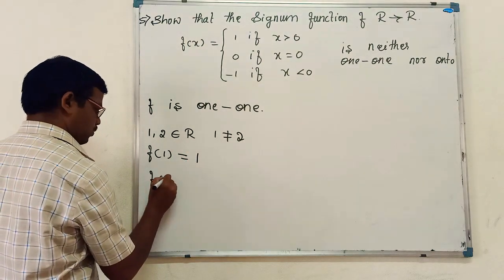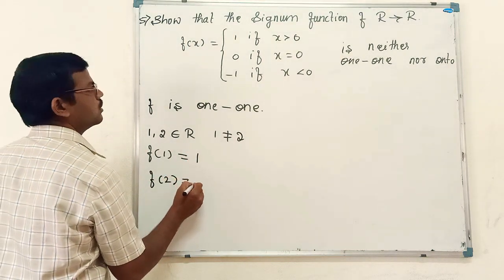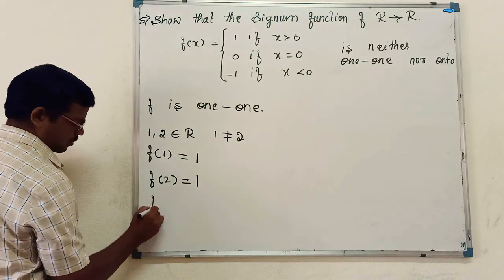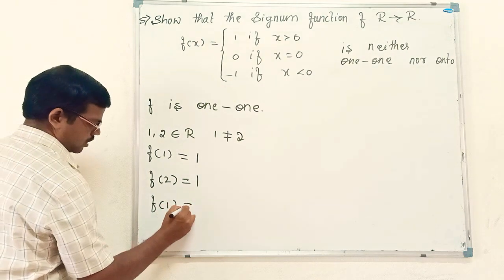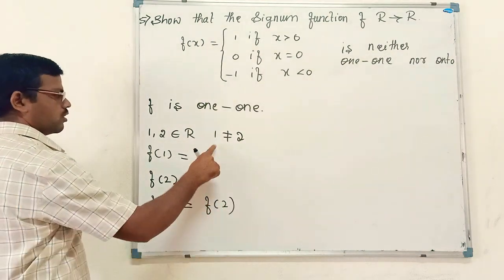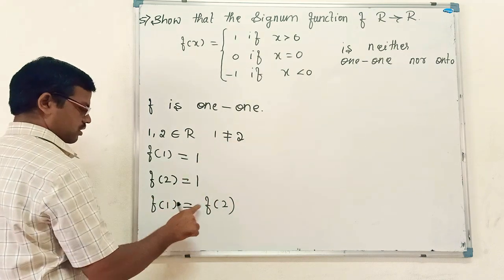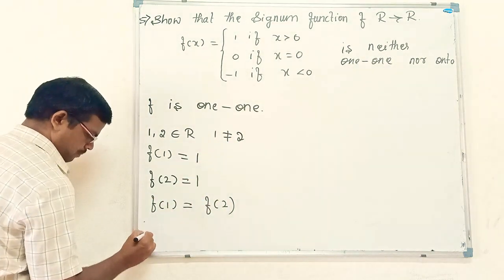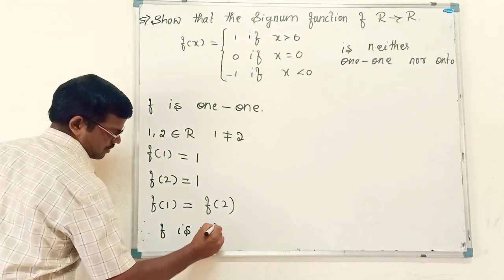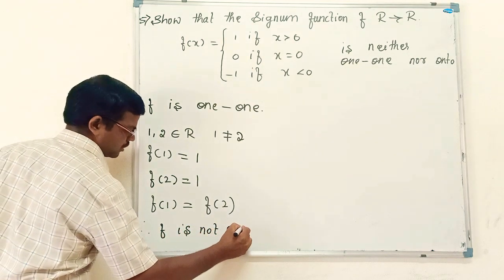Then f of 2 is also greater than 0, so its image is 1. So f of 1 is equal to f of 2. Here different elements got the same image, therefore f is not 1-1.